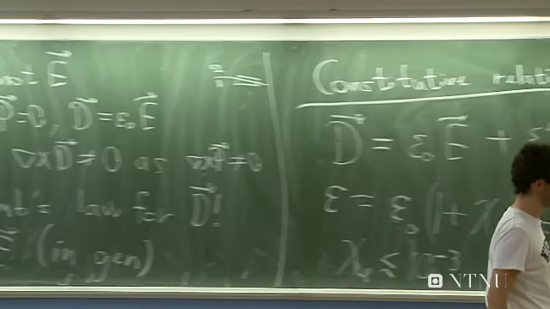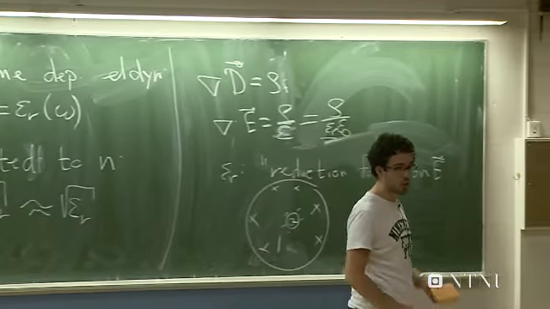Now what if the materials are still linear, but they're not isotropic anymore?